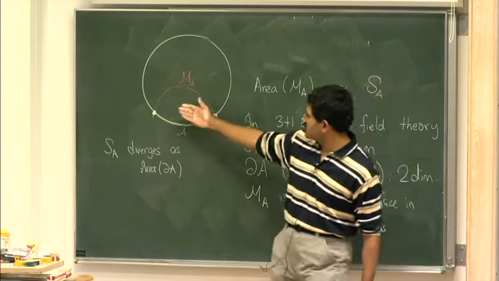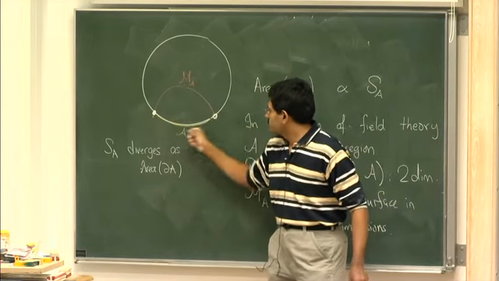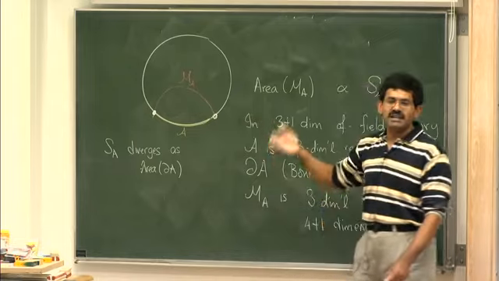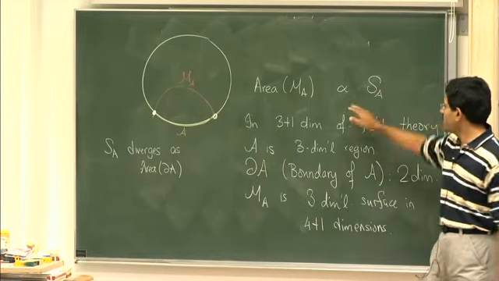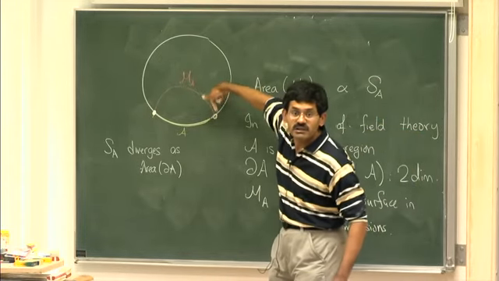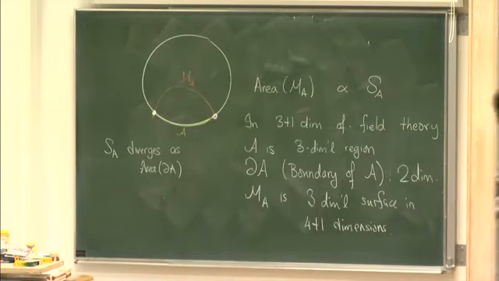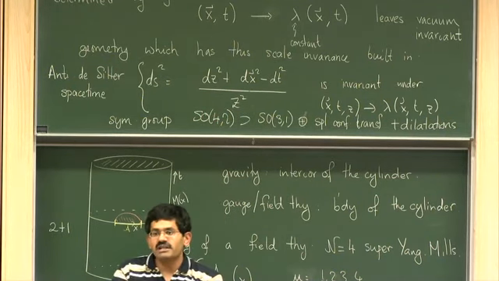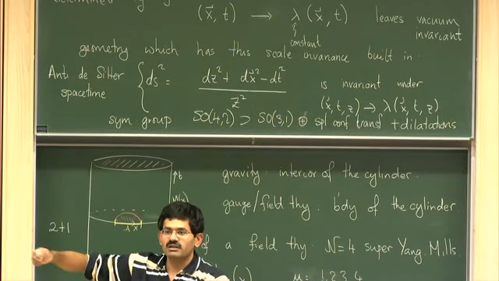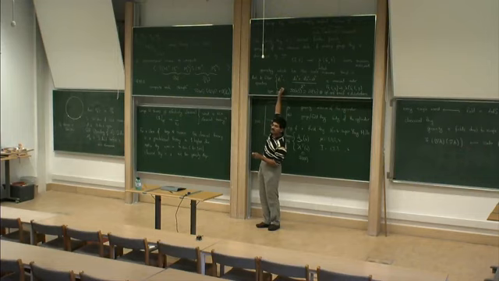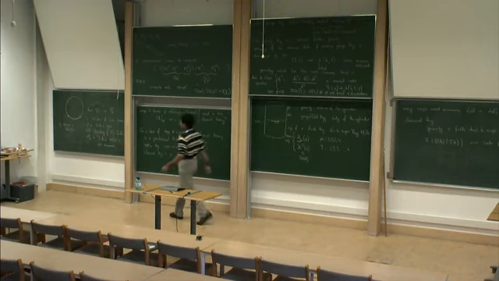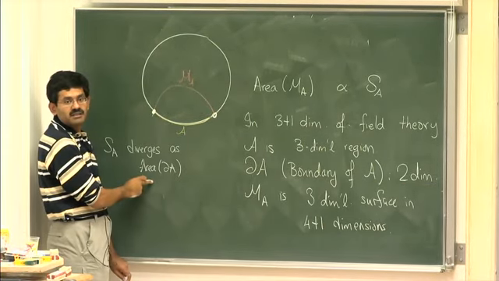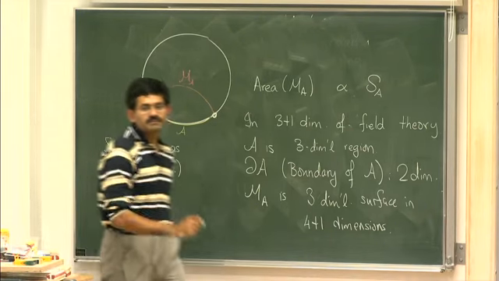If I told you that I get the entanglement of this region with the rest from the area of some other surface, I better get that same area law, and I do get that because these surfaces end on a boundary, they go to infinity in spacetime. Or better yet, because of this 1 over z squared, the lengths in my geometry become bigger as I go towards z equals 0, and that feature ensures that the area of MA also diverges like the area of the boundary of A.